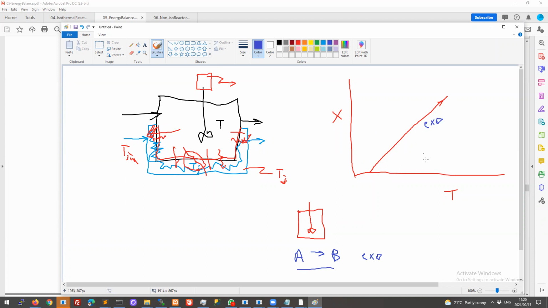And then for the opposite case, we can imagine that if this was endothermic, then as the conversion rises, heat is removed from the environment and the temperature goes down. So for the endothermic case, we would get the opposite effect.